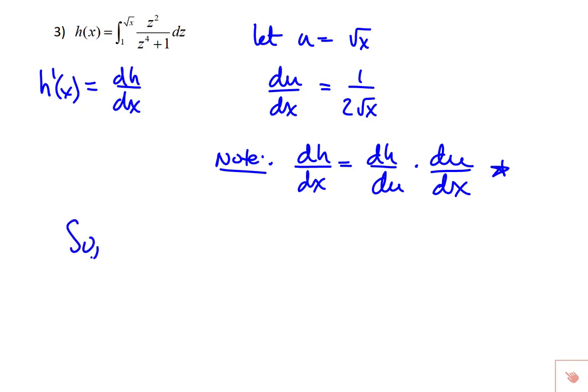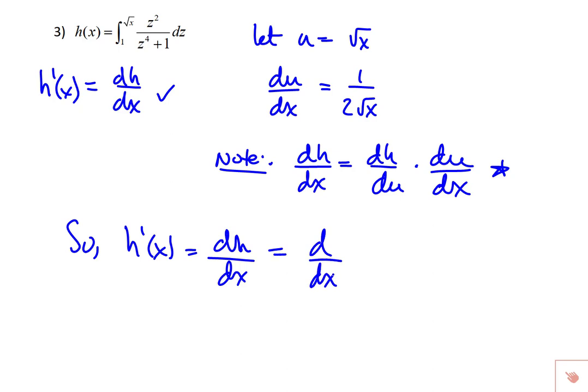So we could say here that h prime of x, which is really dh/dx, as we've already stated above, could be equal to d/dx, so the derivative with respect to x, of the integral from 1 to the square root of x of z squared over z to the fourth plus 1 dz. So I haven't actually used our substitution yet.